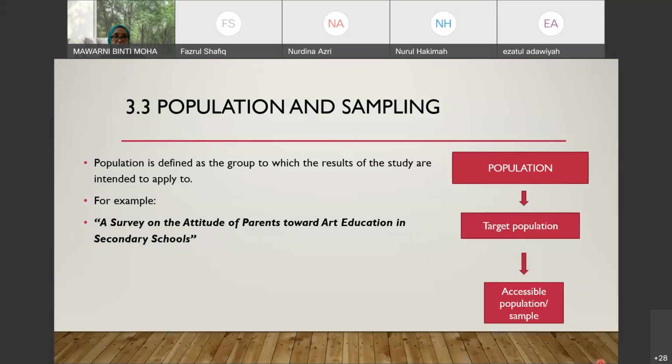So your population, your sample, is the parents of your students who take art class in your schools, for example. So you have focus there, you are narrowing down the target population. Let's say the big population here is the country, then the target population, you focus on a smaller area like a state or a district, and then a smaller school or clan.